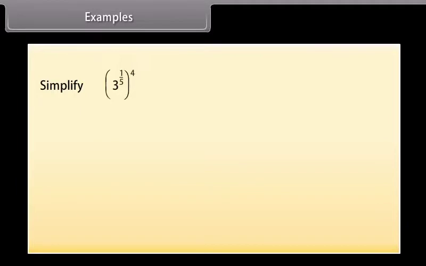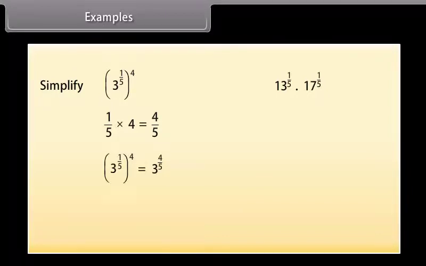Examples. Now let's solve some examples using these identities. Let's simplify the first one. 3 raised to the power 1 by 5 whole raised to the power 4. By multiplying 1 by 5 by 4, we get 4 by 5.